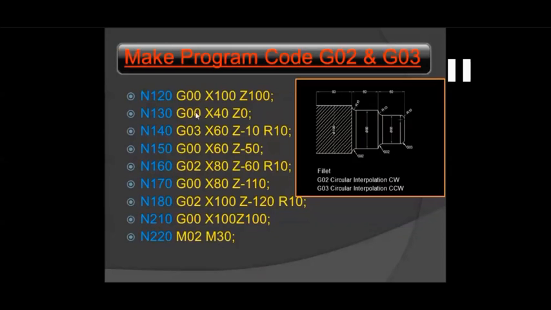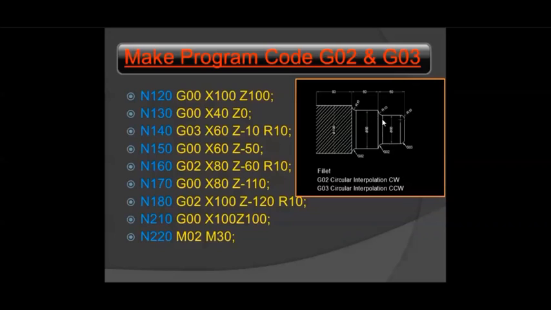Then G00 X100 Z100 back position of tool, G00 X40 Z0, G03 X60 Z minus 10 R10 fillet radius, G03 code counterclockwise direction, and G00 X60 Z minus 50.